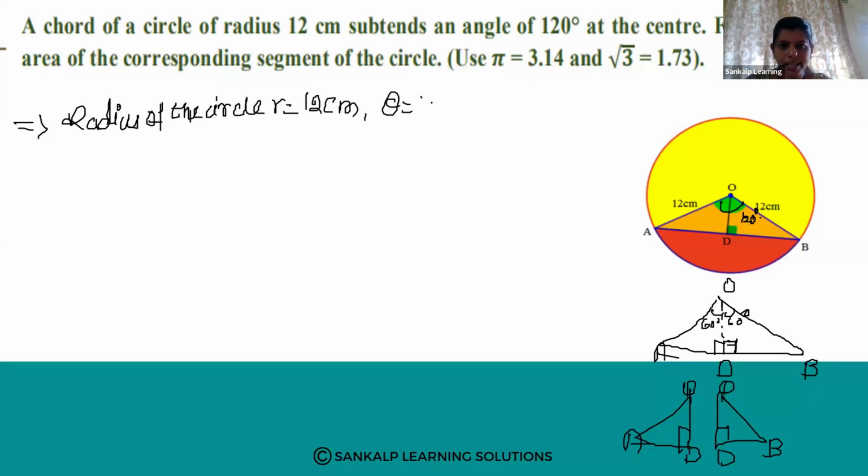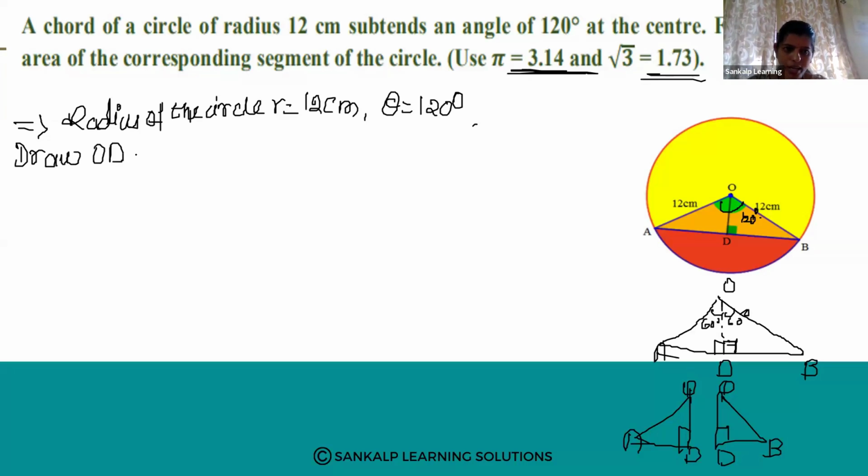And the angle theta is 120 degrees. Now use pi equal to 3.14 and root 3 equal to 1.73. Now draw OD perpendicular to AB, right?